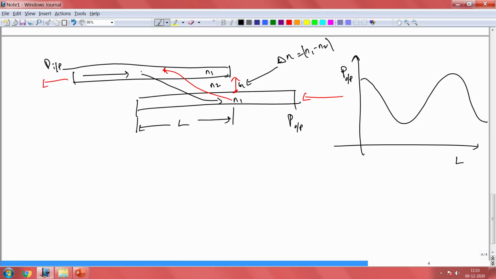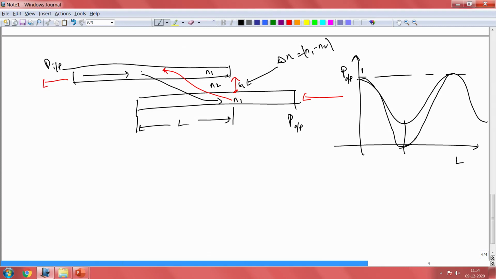At some point you will have very little or no light going through the waveguide, and in the other case you will have maximum coupling of 1, let us say. So, you will have all the light coupled from one waveguide to the other at some lengths, and at other lengths you will not have much coupling. In some cases, if you design it properly, you can make it really 0, where you do not have any coupling at all.